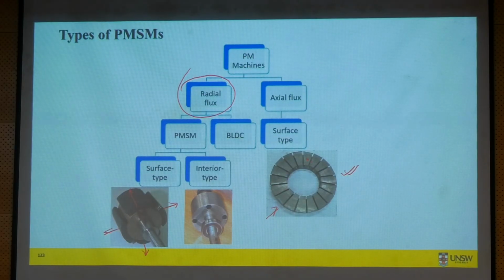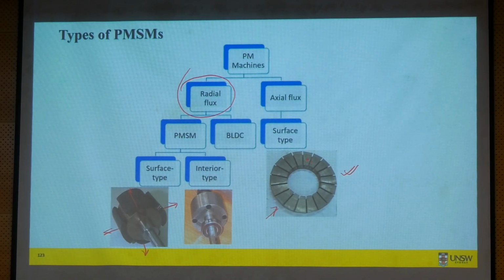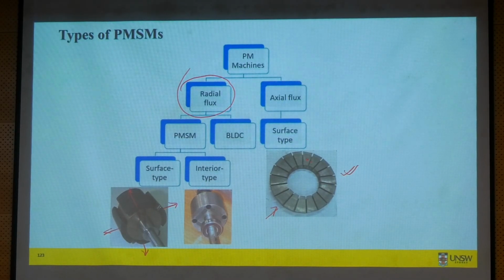So even though they are not proposed to be used in the main traction, they are being proposed to be used in the racing car as a wheel motor. And I think Jaguar or somebody has already been commercializing the axial flux PM machine as a wheel motor for their racing car version. Okay.